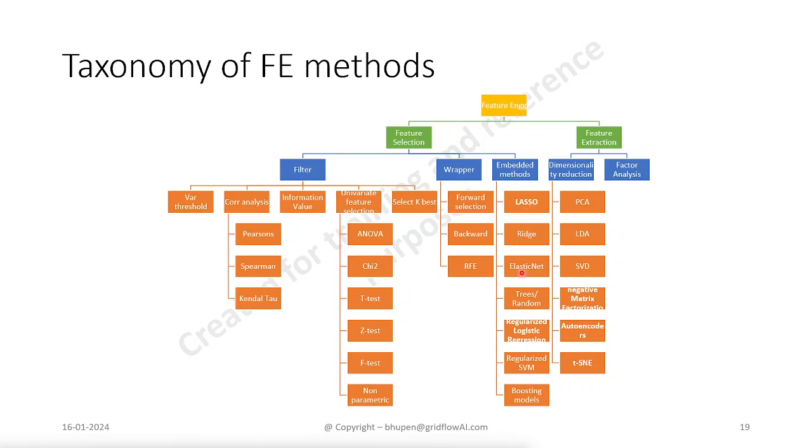Lasso, ridge, elastic net. We'll cover these under embedded methods. And then we move to the more comprehensive and challenging part of feature engineering, your feature extraction methods like dimensionality reduction, PCA, LDA, singular value decomposition. And then lastly, we'll cover factor analysis.